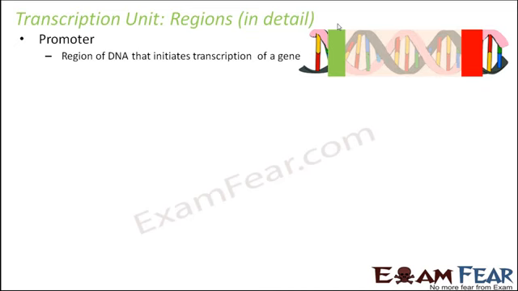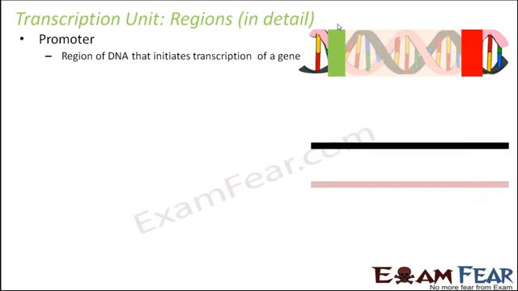Now let us make use of a simpler diagram to explain the different regions of the transcription unit. Instead of the double helix structure of DNA, let us assume these are the two strands of DNA which wrap around each other to form the double helix. This black one is the template strand and the pink one is the coding strand. Let us suppose the template strand is running from 3' to 5' direction and the coding strand is just the opposite, 5' to 3'.